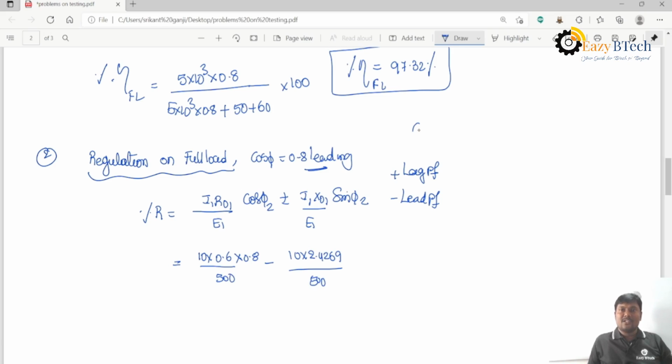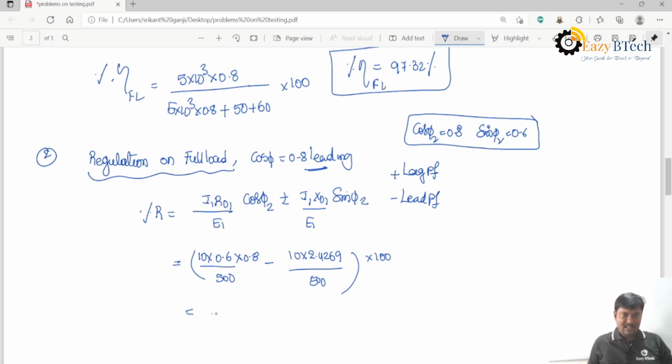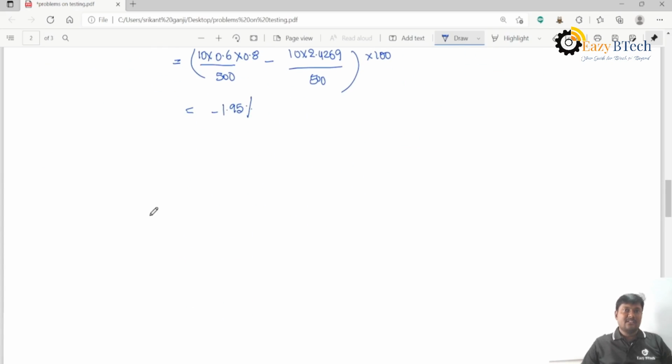If cos phi 2 is 0.8 then sin phi 2 is 0.6, remember, or vice versa. If cos phi 2 is 0.6, sin phi 2 is 0.8. Multiply with 100, then you will get the percentage regulation as minus 1.95 percent. This is for 0.8 leading power factor.